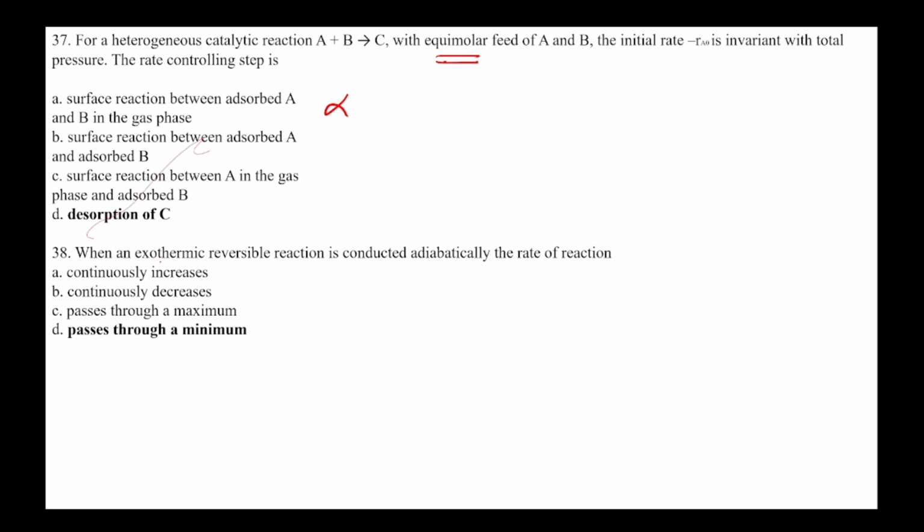When an exothermic reversible reaction is conducted adiabatically, the rate of reaction... very first, reversible exothermic means an optimum temperature is required. Adiabatically, suppose this is the reactor and we have closed it everywhere so that no heat will come in or go out, but there will be a certain energy required to run the reaction, that is called the optimum temperature.